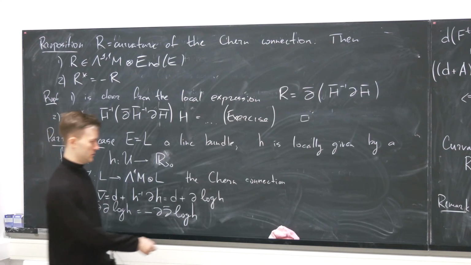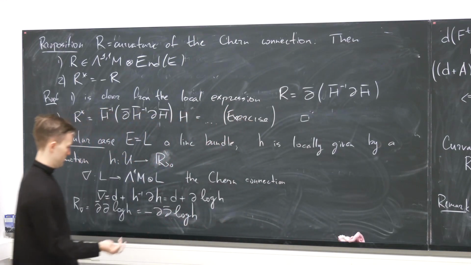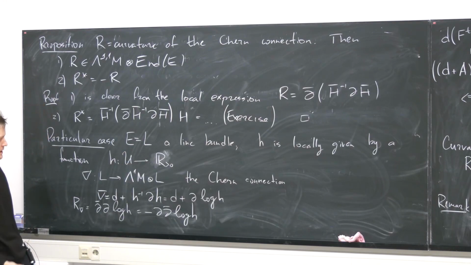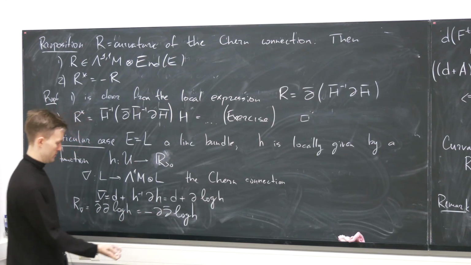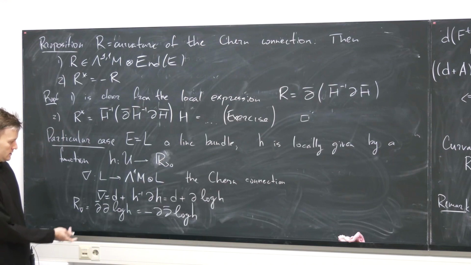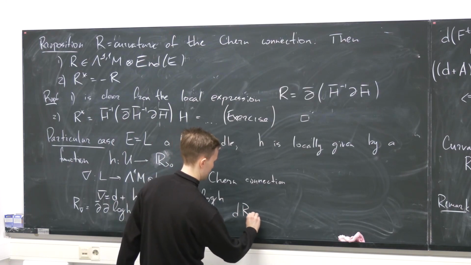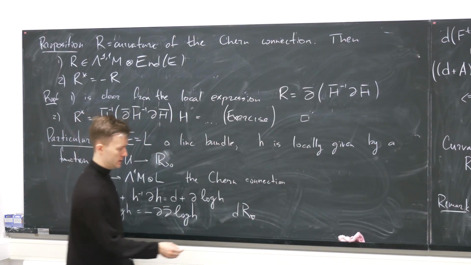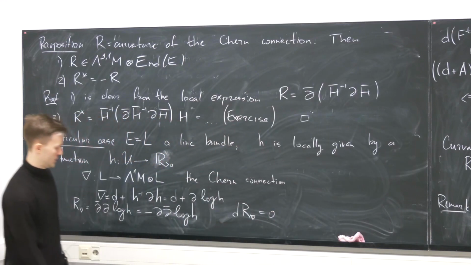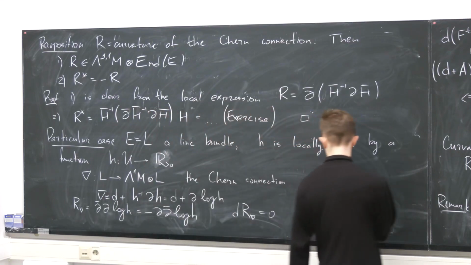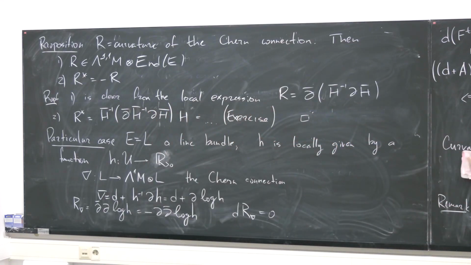Now the curvature is of course a form with values in the endomorphisms of E, but in the case of a line bundle, the endomorphisms of a line bundle is a trivial bundle. So it's just a 2 form, a 1-1 form, and it is clearly closed. So the form is closed. So it defines some cohomology class on our M. And I claim actually that this class is the first Chern class of my line bundle.